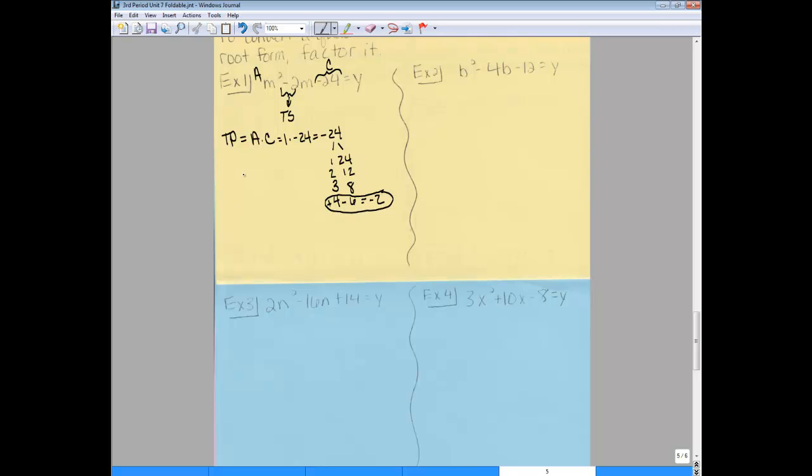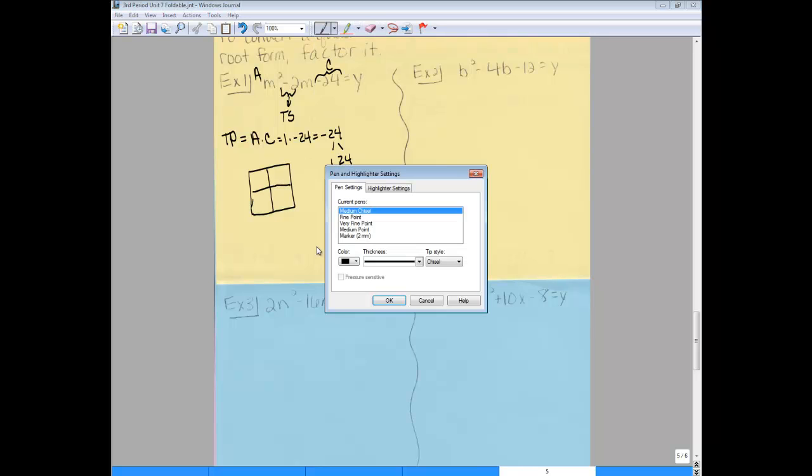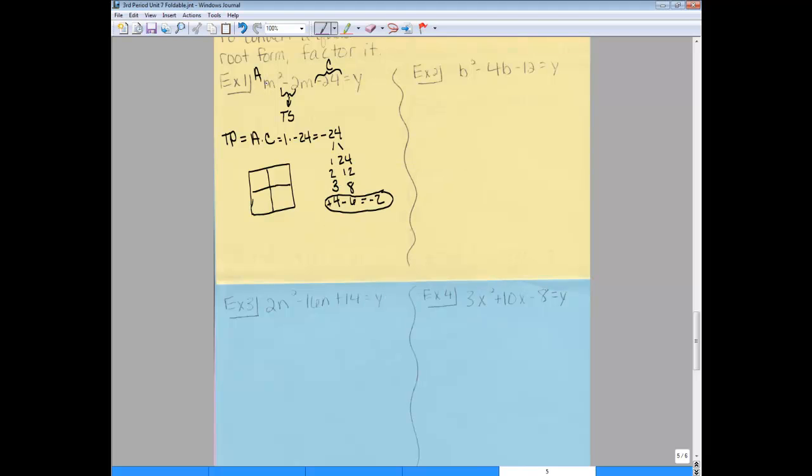Now we make our box. Just because this is a review, I'm going to color code it a little bit for you. Remember that your m squared always goes in the top left box.